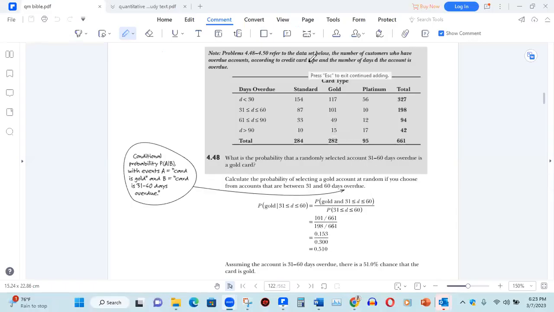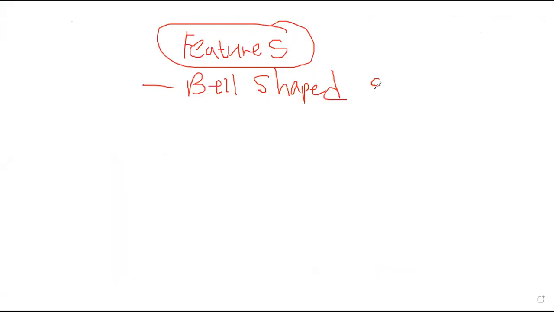Okay, so that is another feature there. Bell-shaped and symmetrical.